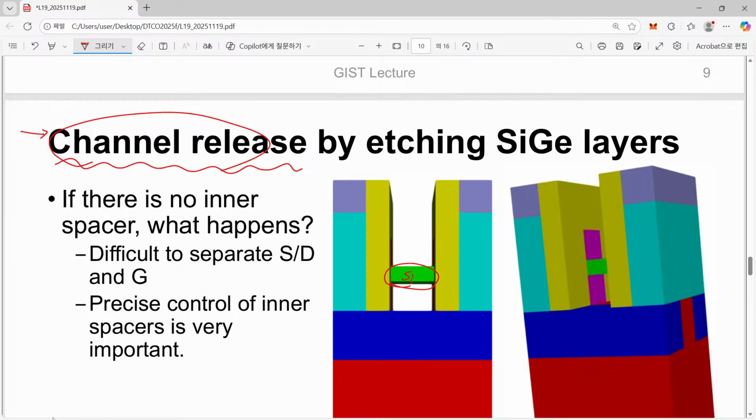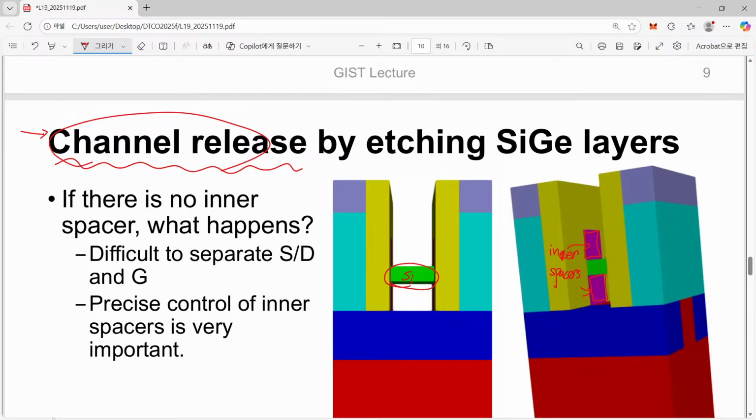Then the point is, can you see it clearly here? This one and this one. These two are inner spacers.